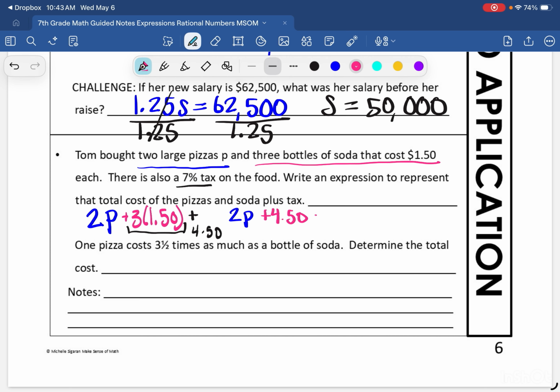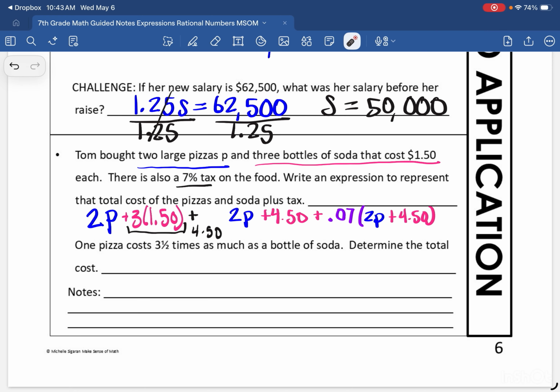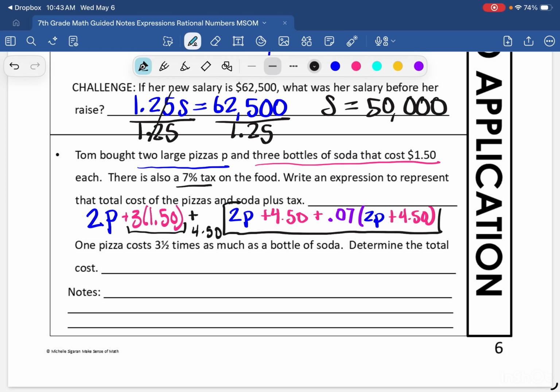Now to do 7% tax on that, we need to add 7%, which I'm going to write as 0.07 times that cost of the food. 2P plus $4.50. So it's this right here: 2P plus $4.50 plus 0.07 times 2P plus $4.50.